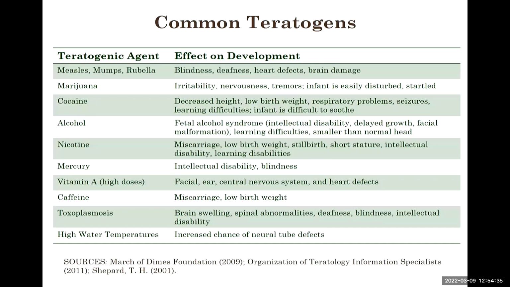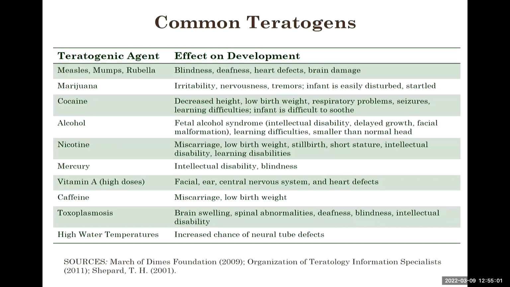Marijuana: too much pot can cause a child to be irritable and nervous. Cocaine causes heart and respiratory problems. A lot of drugs can do this; this is just a small example. Alcohol, we talked about this on Monday when we talked about intellectual disabilities.